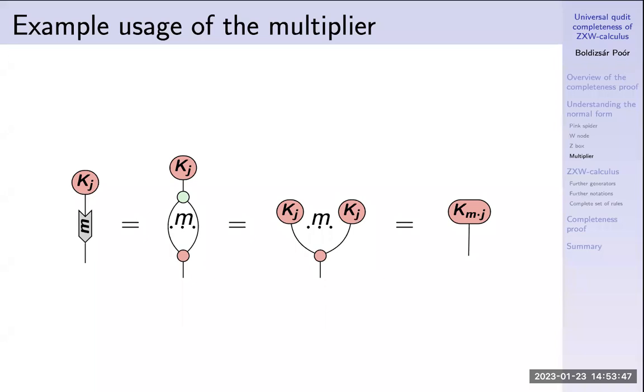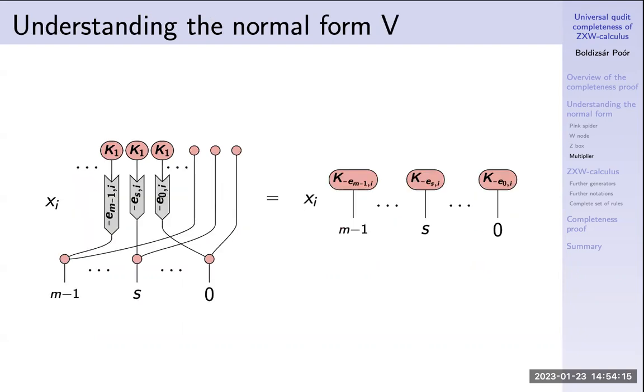And let's see how the multiplier works with just simple basis states. So if we have K_j on top of a multiplier, then it's going to first copy through to each of the m legs. And then these K_j's will each merge. So we have m times K_j, and that's K_{mj}. And in our case, j is 1. So this is going to be just the number that corresponds to the weight of the multiplier in the normal form.